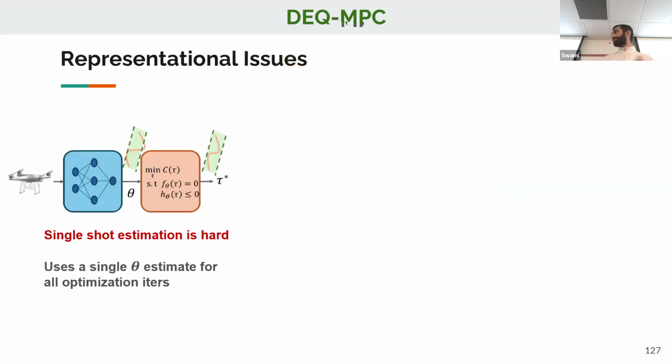And if you just try to have a sequential procedure as we discussed earlier, there are certain problems. For example, the estimation problem for the parameters theta might be pretty hard, and trying to do that single shot might be representationally too difficult for the network.